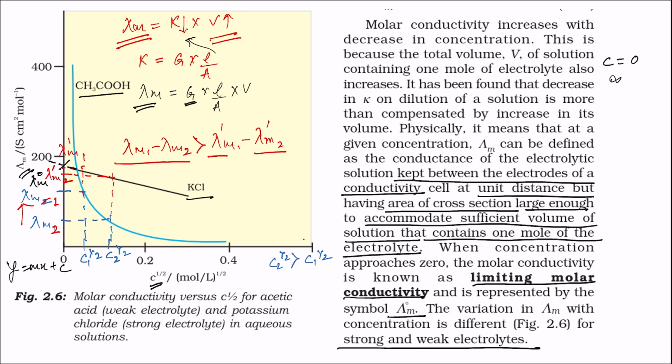The moment KCl is dissolved in a solvent, it dissociates into its ions, and the dissociation is 100%. So the degree of dissociation of KCl is not affected by dilution. Therefore, the molar conductivity of a weak electrolyte increases very fast with dilution, and the molar conductivity of a strong electrolyte increases slowly with dilution.